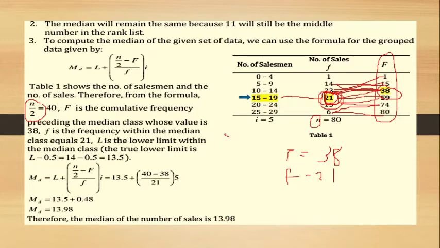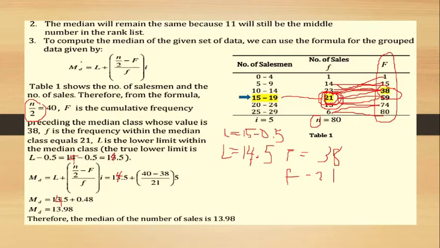So, the L, lower limit, subtract 0.5. So, this is wrong. Your L should be 14.5. So, this should be 14, not 15. Please correct that.